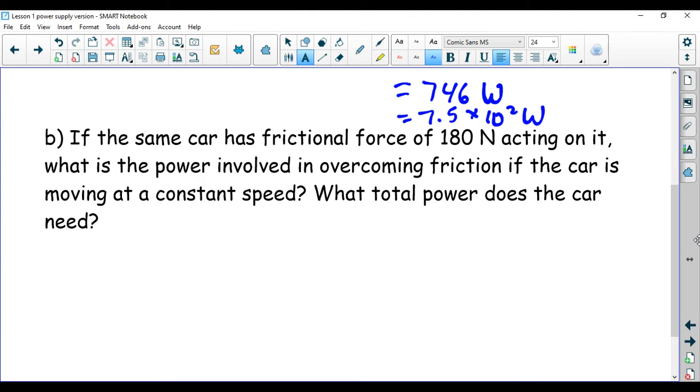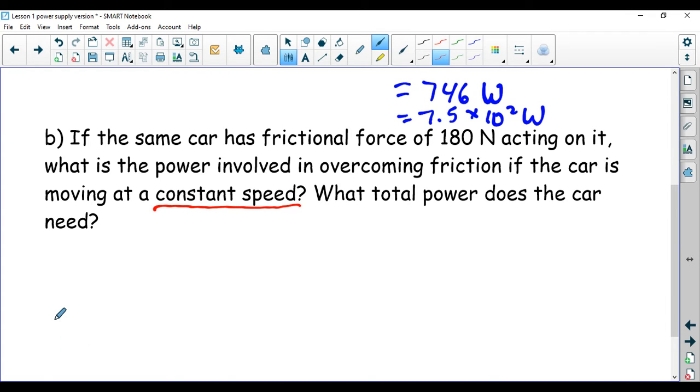So they've given me a force, which makes me think instead of energy, I'm going to use work. Because using the work equation, I can find force times distance. There's something very specific they say here that's important: it moves at a constant speed. Why do I need that?